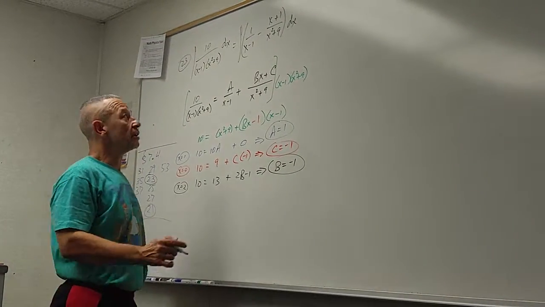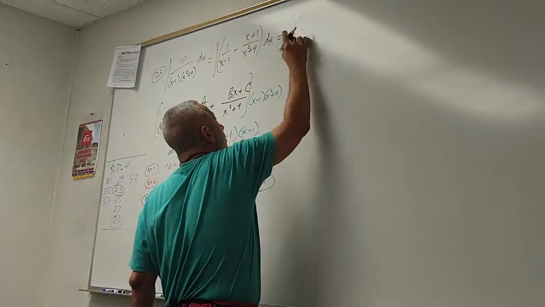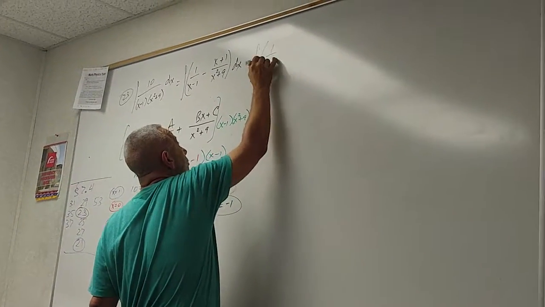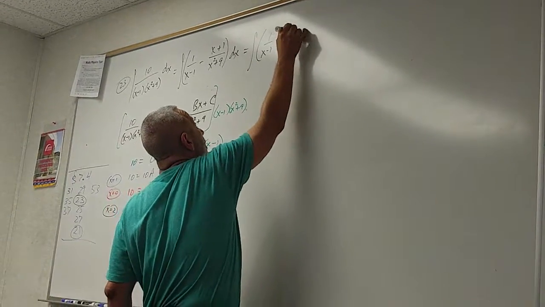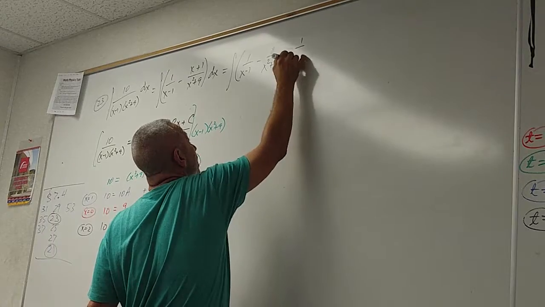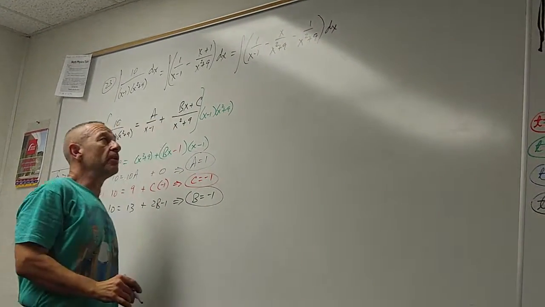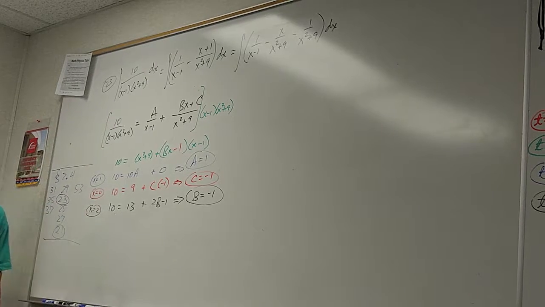Well, that second integral I'm going to write as two integrands: 1 over x minus 1 minus x over x squared plus 9 minus 1 over x squared plus 9. Well, the x minus 1 we're ready to integrate.